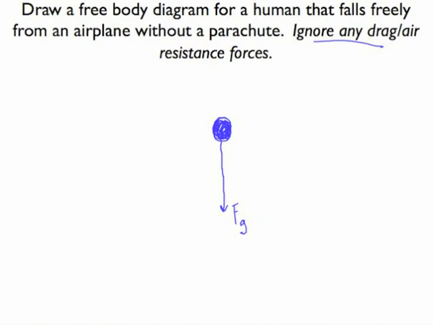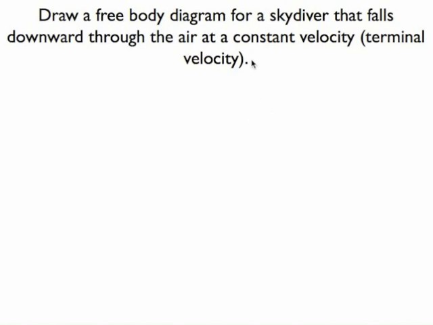He will probably die. Okay, now in this one, we have a skydiver, and he's falling downward through the air. So we draw our dot again. He is falling downward through the air. That's his FG at a constant velocity, which means that he's reached his terminal velocity, which means his drag must be equal to his gravitational force.